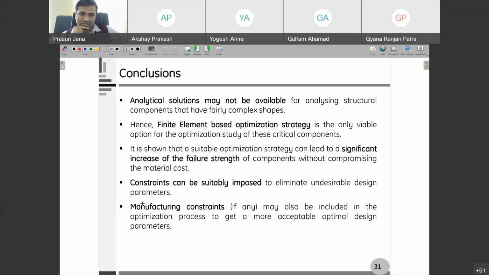And then we can use different constraints to eliminate undesirable designs. If we have some manufacturing constraints, then those can also be implemented. We have to see what those constraints are, and then we can set up the problem accordingly.